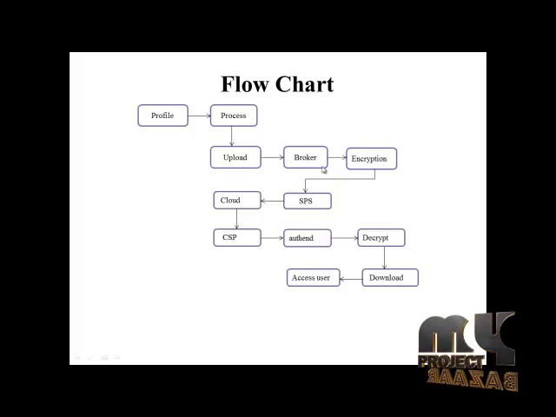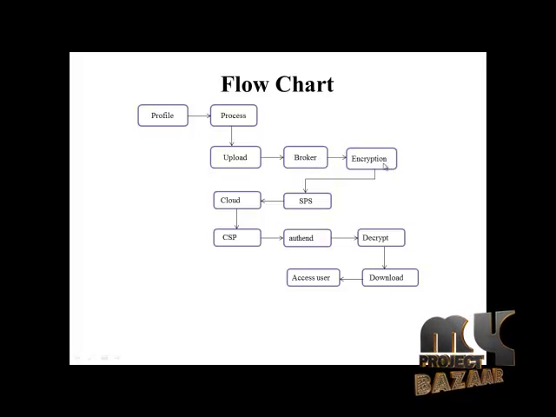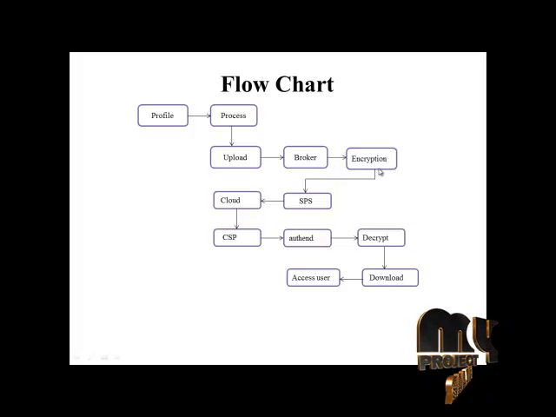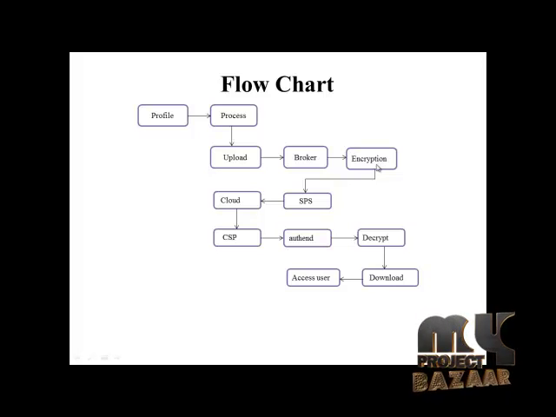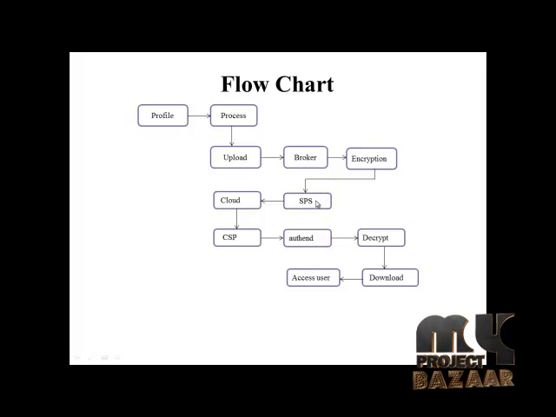The broker takes the data and uses keys to encrypt the data. So now the data is encrypted as level 0. The level 0 encrypted data is encrypted again to be stored in the server called SPS.